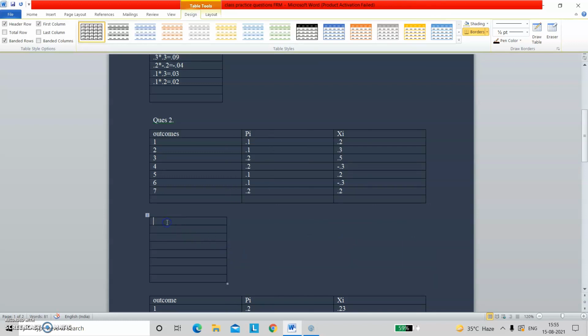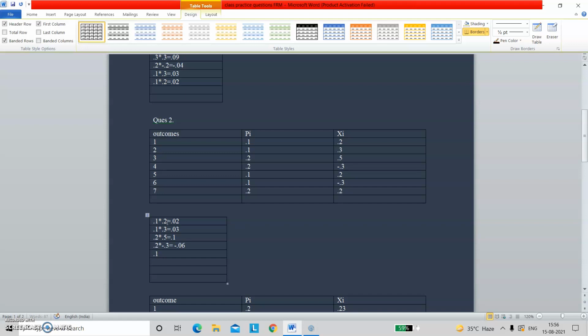So now we can see the probability is 0.1 multiplied by 0.2, that is 0.02, right? Then 0.1 into 0.3 is 0.03, right? Then 0.2 into 0.5 is going to be 0.1, right? Then the fourth is 0.2 into negative 0.3, this is negative 0.06, right?